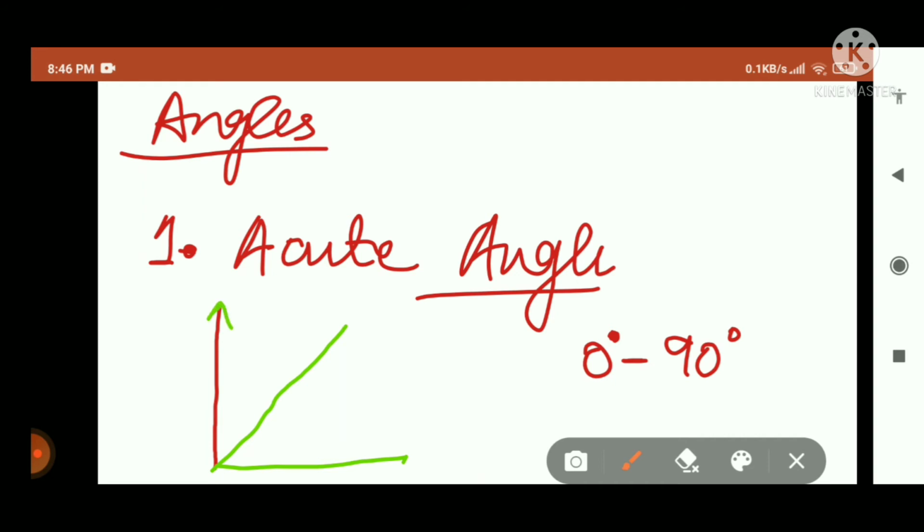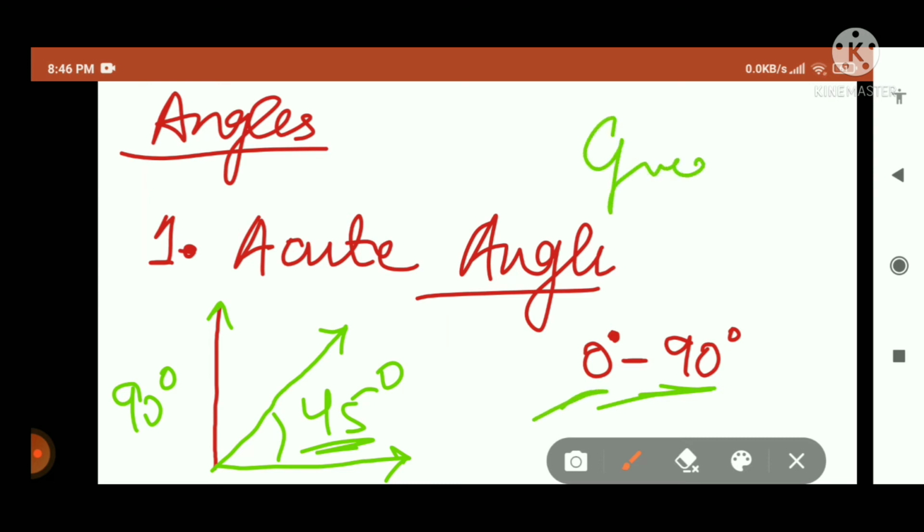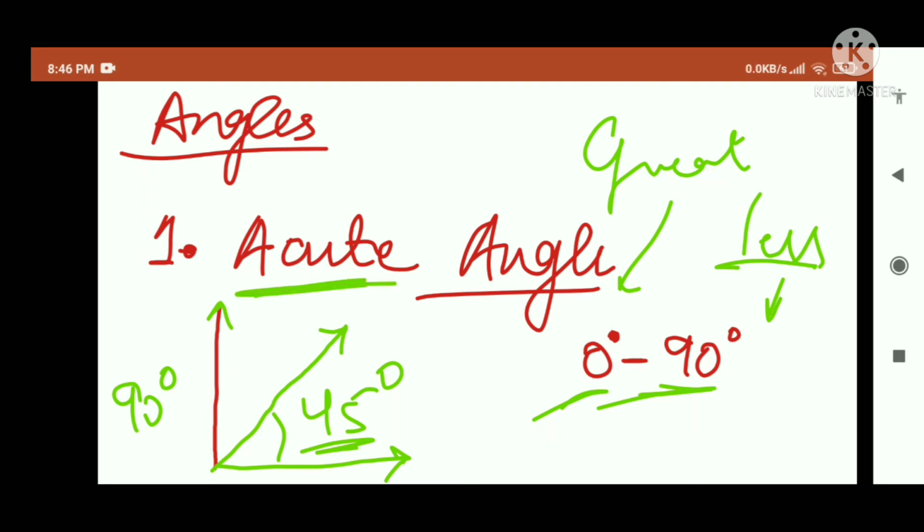This is your 45 degree angle. So it is less than 90 degree and greater than 0 degree. So if any angle is greater than 0 degree and less than 90 degree, it is called an acute angle. Okay, clear? Let us take a screenshot for this.